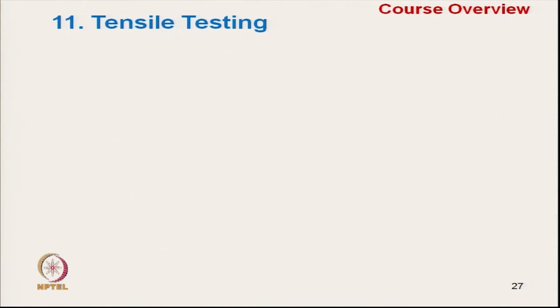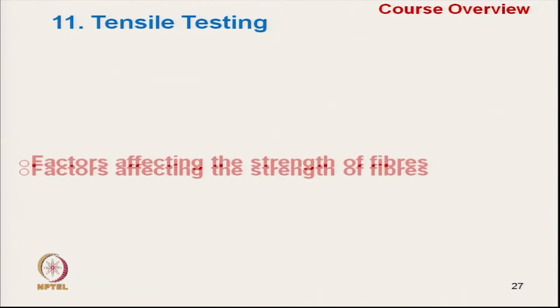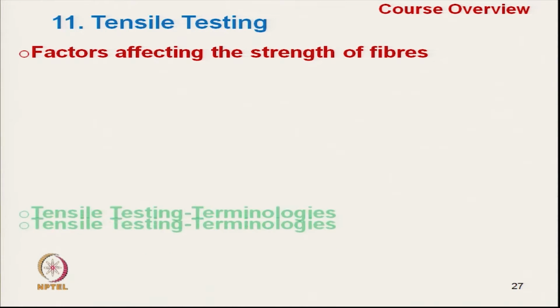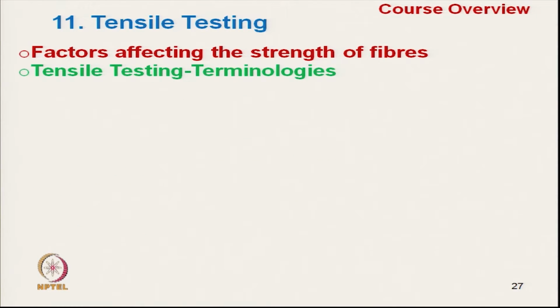Next is the tensile testing of textile material. There are various factors which affect the strength of fiber. Then tensile testing terminologies, like initial modulus, tenacity, breaking elongation, yield point.